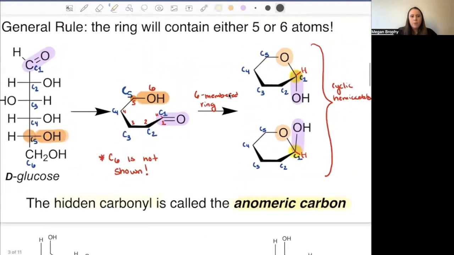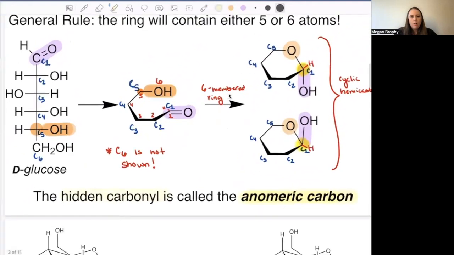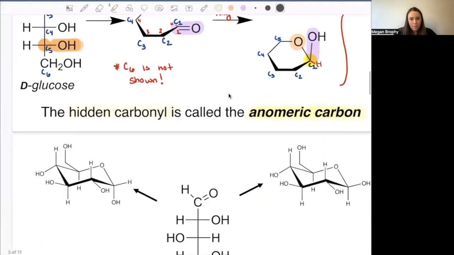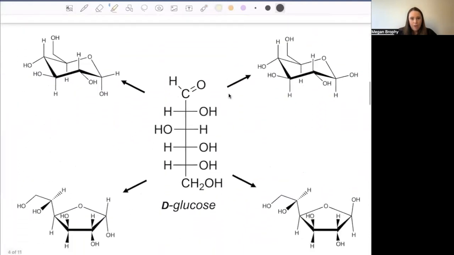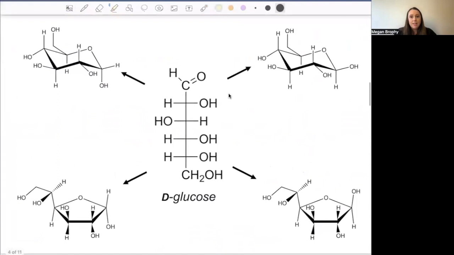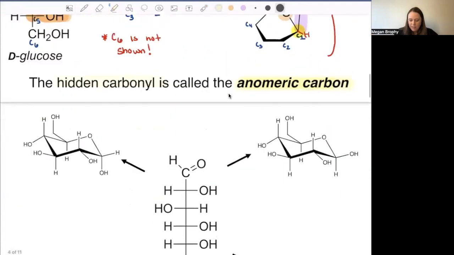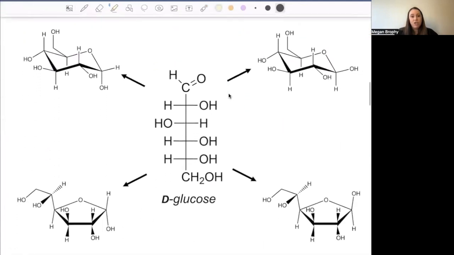Okay. So for D-glucose, there are several ring forms that can form. We can make 6-membered rings and then also 5-membered rings. The perspective on the next slide has changed a little bit. Because in the top example and in the previous example we're making 6-membered rings, I'm going to draw those as chair conformations.